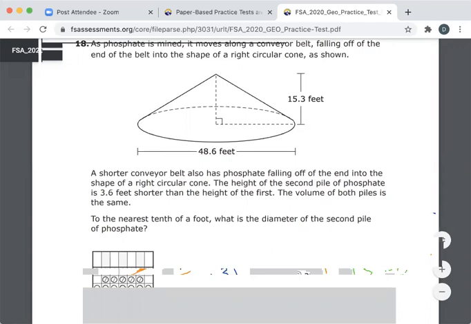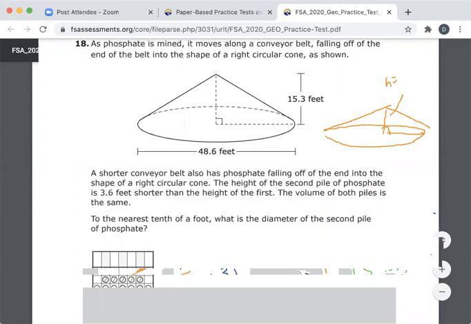It's not to scale, obviously, but it's going to be wider and shorter. Well, pretend that it's okay. So my cone is a little bit crooked. But the height on this one is 3.6 feet shorter.